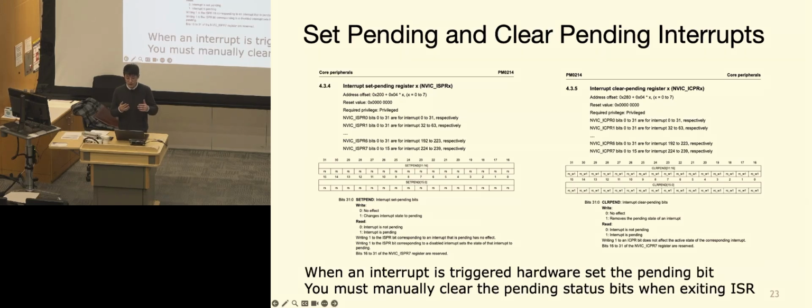Then your NVIC will go through these pending ones and choose which one is turned active, to respond to, or to be executed as the next IRQ, the interrupt request. And you will clear the pending bit of that chosen interrupt whenever it goes active, to the service routine of that interrupt.